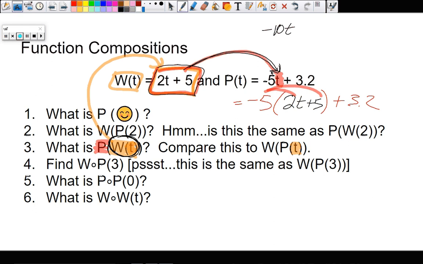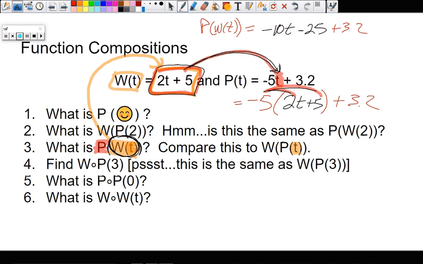So now we'll distribute. We'll get negative 10t minus 25, and we still have to add 3.2. This, whatever it is, will equal P of W of T. You with me?